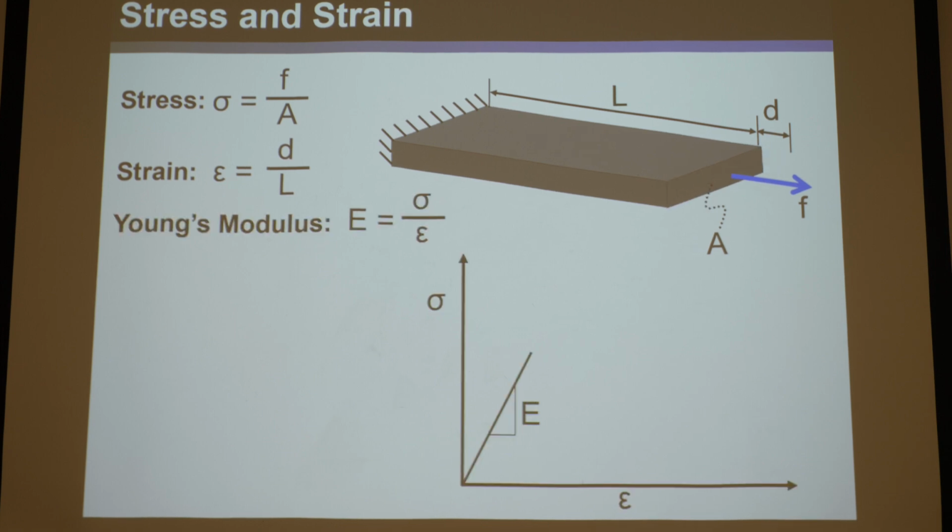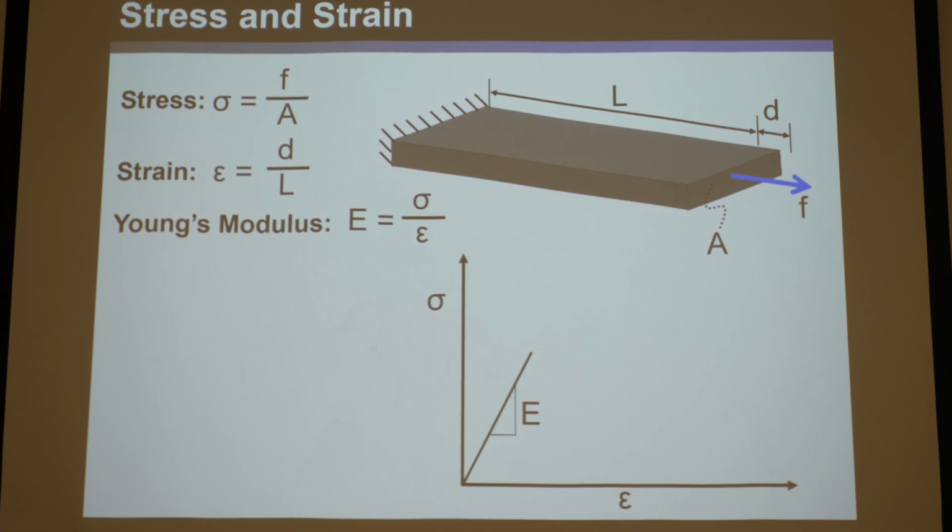These values are very useful to plot, because you can derive material properties from the material and not so much from the shape of what's being loaded. You could think of stress as kind of a force, and strain as kind of a displacement, but they're not quite those things.